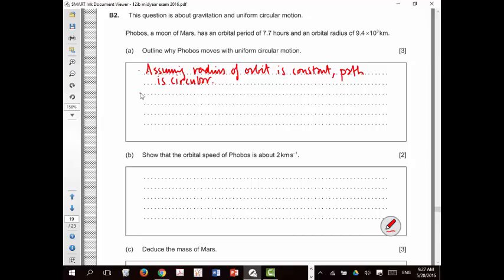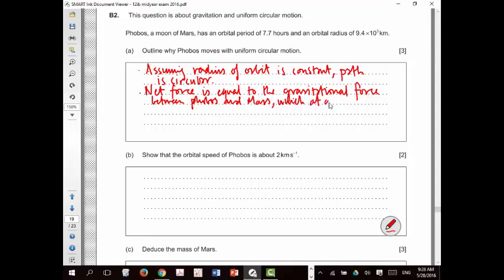Another point that we should really make is that the net force is equal to the gravitational force between Phobos and Mars, which at all times is directed towards the center of the orbit.